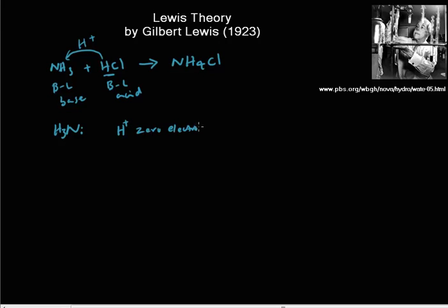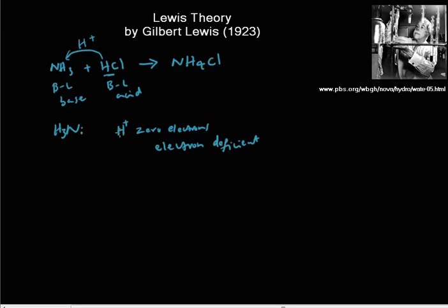It's electron deficient. And the reason why this proton is attracted to this ammonia is to overcome that electron deficiency. It wants to become stable in the chemical world.